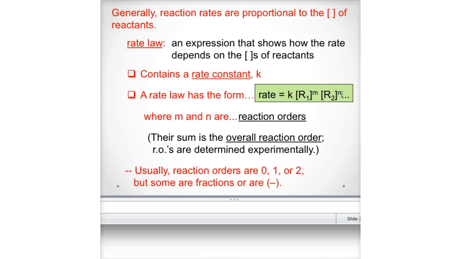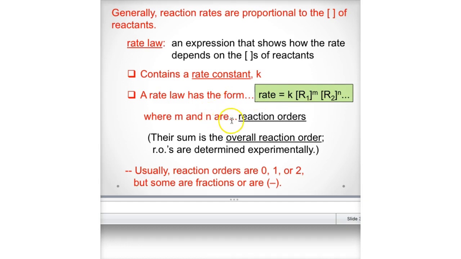They are determined by experimental data, and they symbolize the order of a reaction. And the order depends on how these rates change depending on how the concentrations change over time.